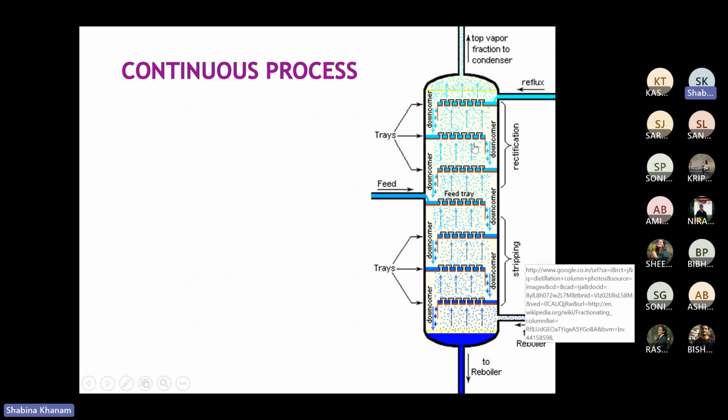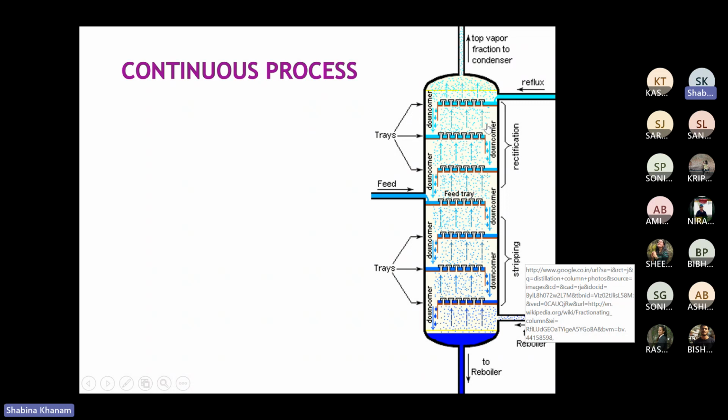We need to ensure that liquid should not move down through these holes, because these are simple holes. The holes do not know that they have to pass only the vapor and not allow liquid to move down.